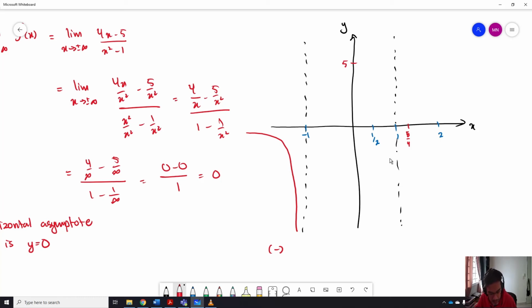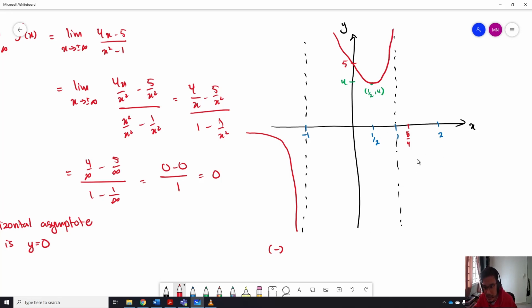For the region negative 1 until 1 over 2 it is negative, but we have a relative minimum point right here at 1 over 2, 4. 1 over 2, 4 is our point of relative minimum. So this is negative and this is positive.